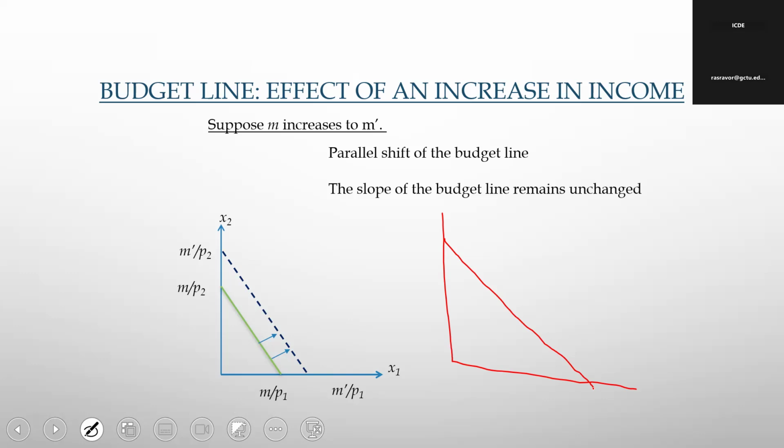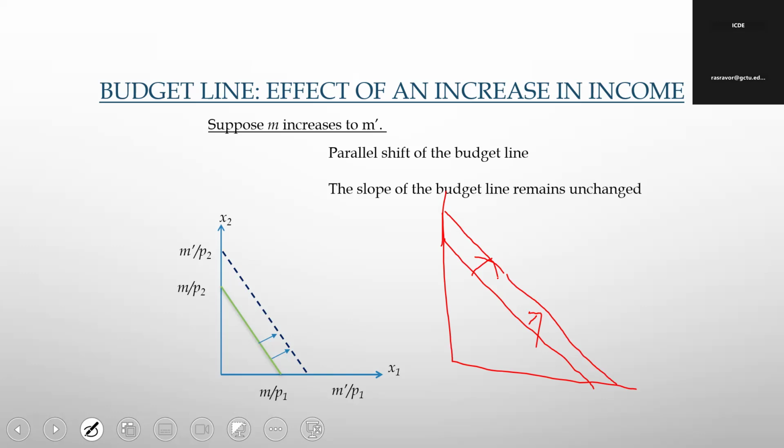Sometimes people even do not notice that there has been a change in their salary. But what happens is that your consumption will also go up. So we say it is what? A parallel shift. Parallel shift outwards. So that's why you see the arrow.